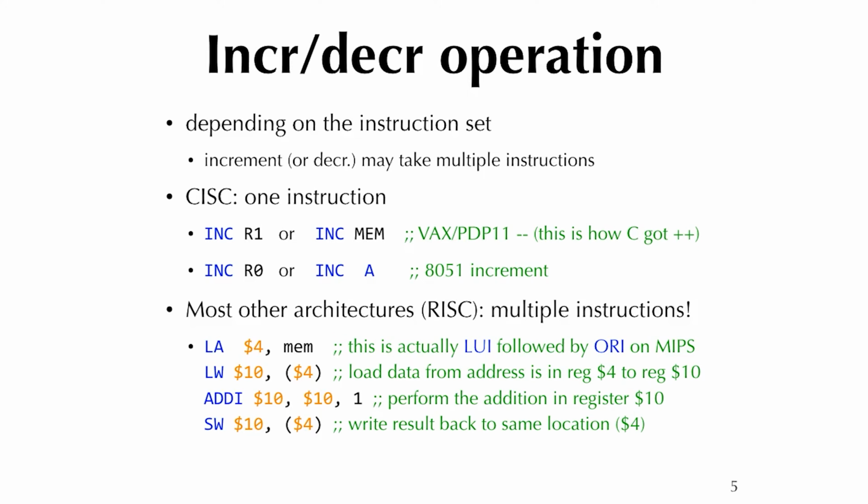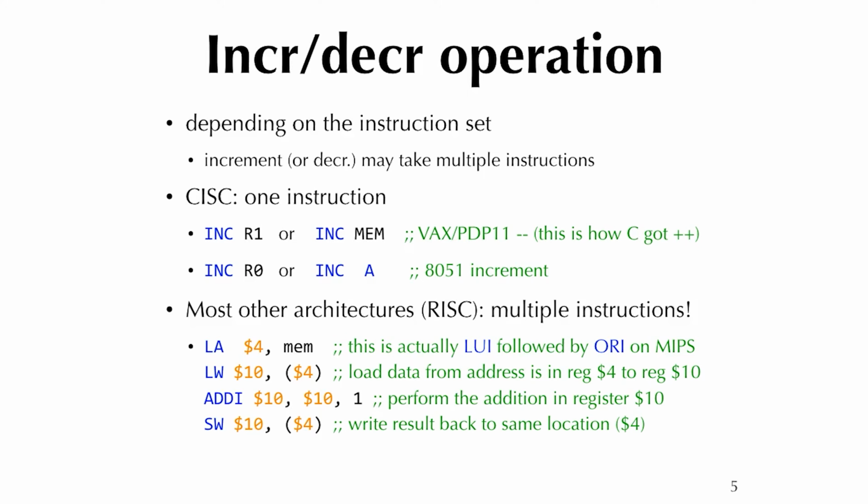Then what do you do? You add immediate. You add 1 to it. And in MIPS notation, they don't use a pound sign. 1 is 1. So add immediate: register 10 gets register 10 plus the constant 1. That's what ADDI does. Then you still have it in the register. You've got to store it back to memory.